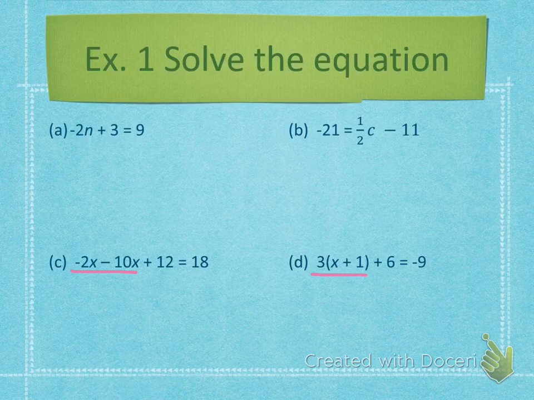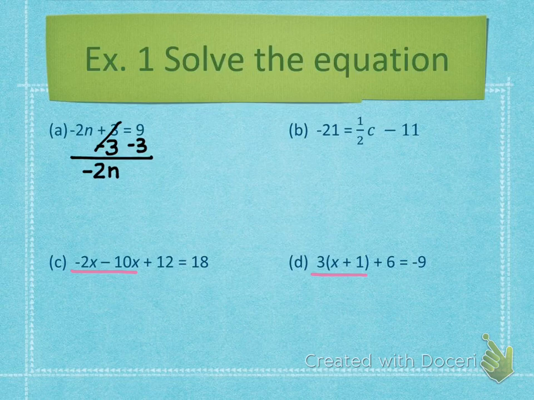Now we move on to adding or subtracting. So let's look at letter A. What are we going to add or subtract in letter A? We're going to move the 3 and we're going to move it with what? Addition or subtraction? Good. It's a plus 3. So what we do to one side, we have to do to the other. Remember, this is our subtraction property of equality. What we do to one side, we have to do to the other. Now, we bring down what we have not used.